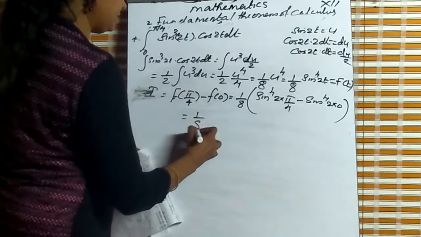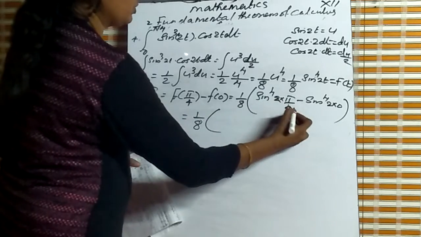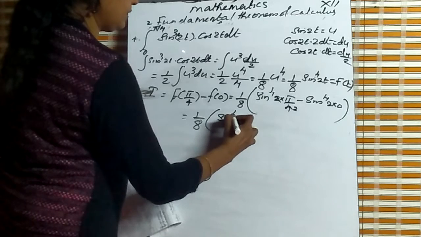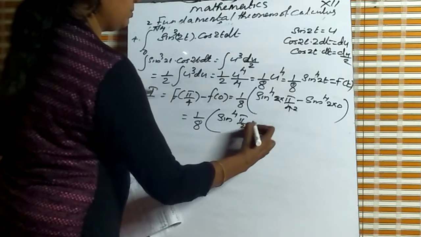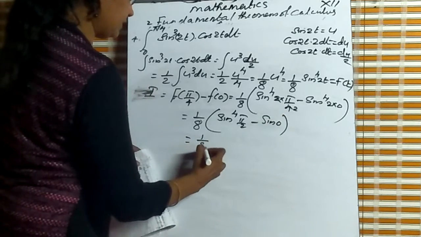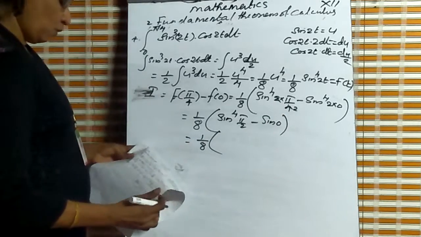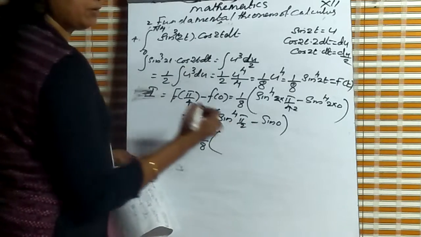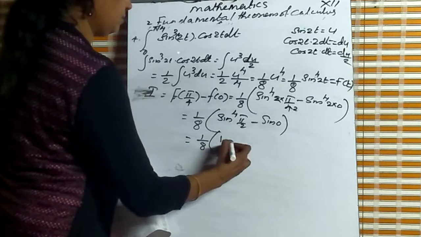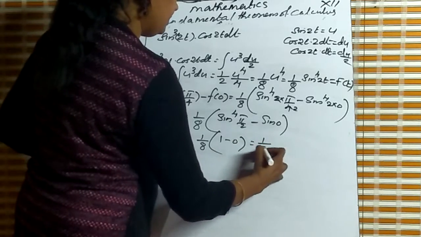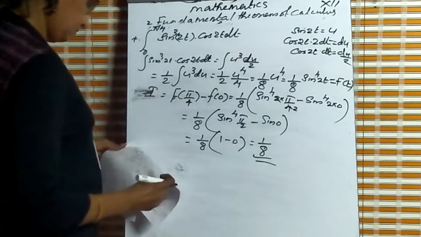Equals 1 by 8 into sin raised to 4 of pi by 2 minus sin 0. Equals 1 by 8 into sin raised to 4 pi by 2, which is sin pi by 2, sin 90, 1, minus 0, is equal to 1 by 8.